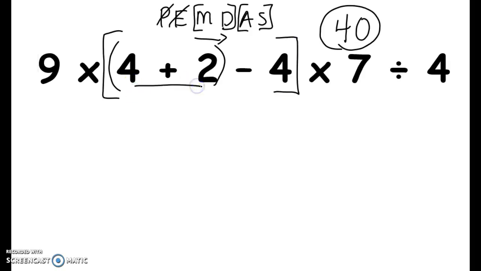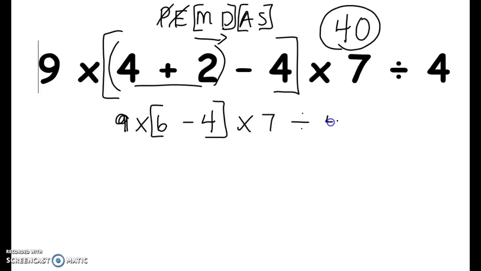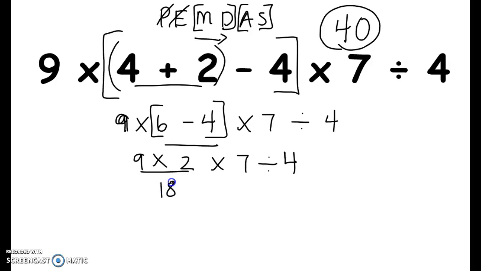So 4 plus 2 is 6. Then I have to do this, which is 2. And I do this, which is 18. 18 times 7.